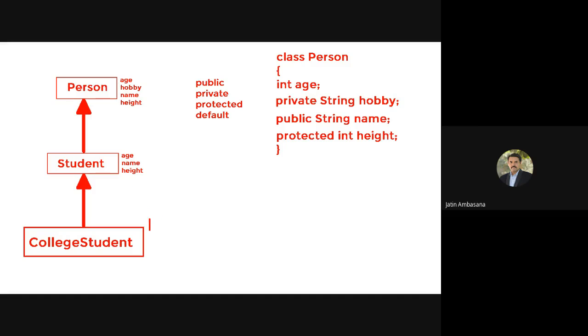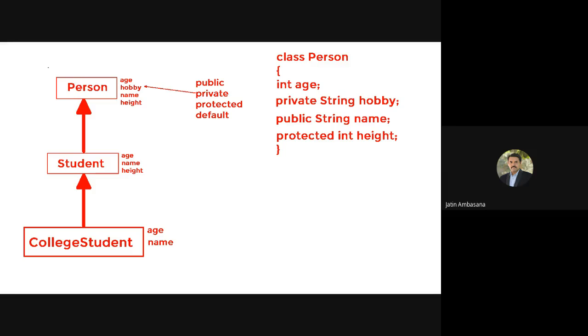So here, which properties would you get? Here you may get age property and name property. Do you see? This hobby was private, right? This hobby was private.